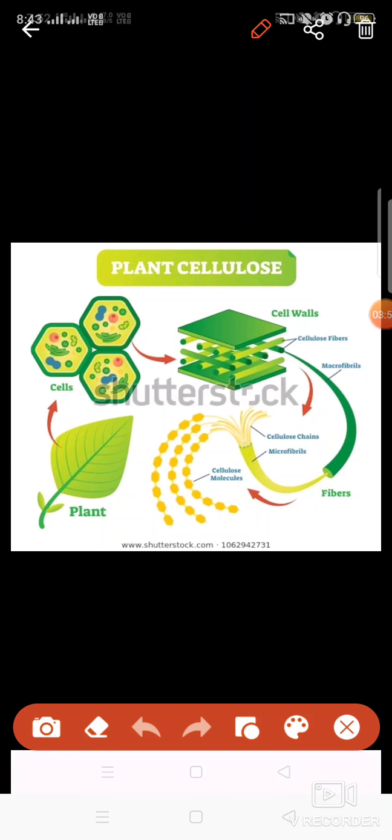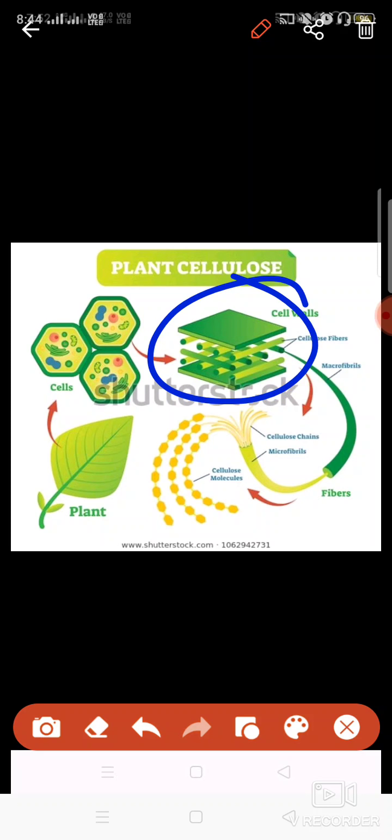Now let us see the structure of the plant cell wall. Here we can see the leaves, and some of the cells present in the leaves. You can see these are joined to each other by a structure known as the middle lamella. If we zoom in on this outermost covering, we will find that the structure looks like this.